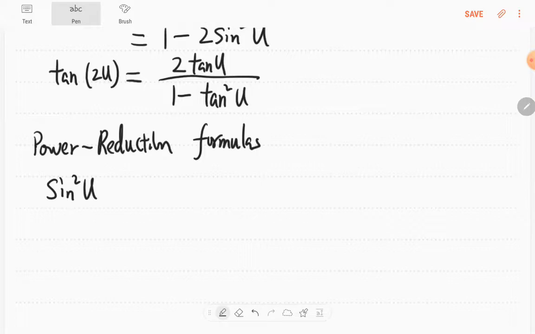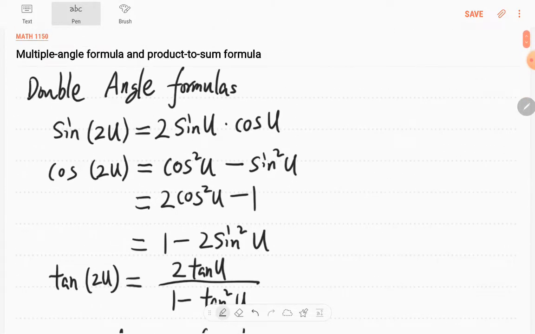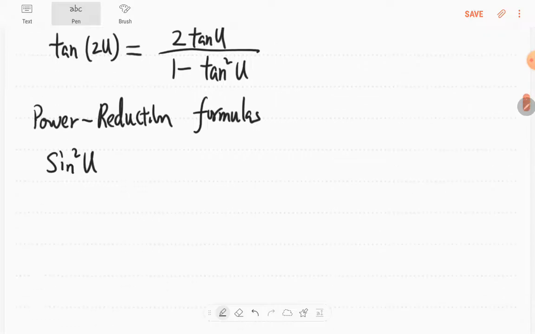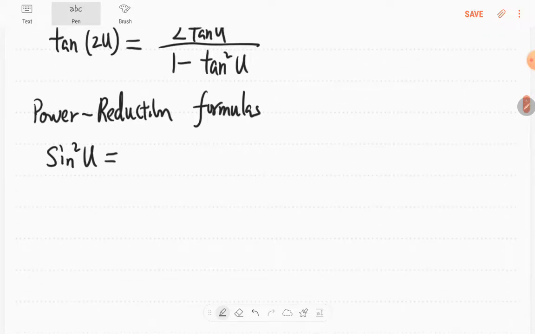You can actually solve this for sine square. Sine square is equal to 1 minus cosine 2u over 2, right? So you can see we reduce the power from 2 to 1, but you double the angle.